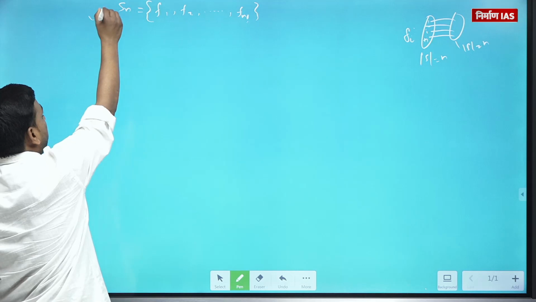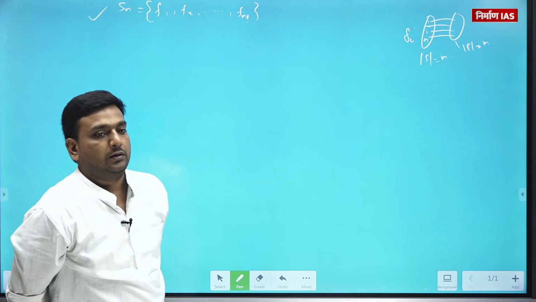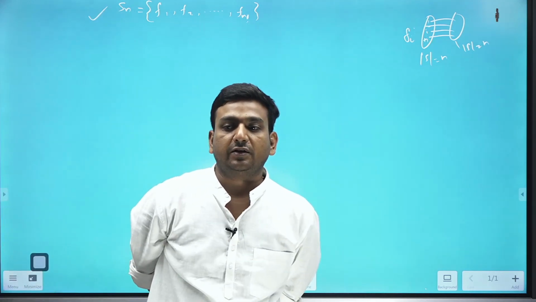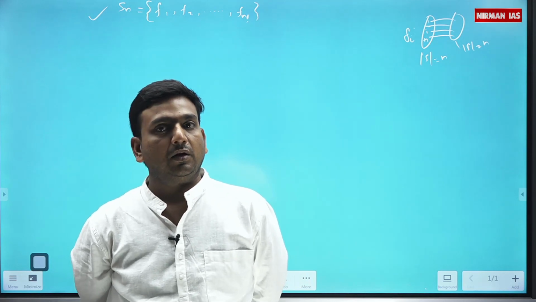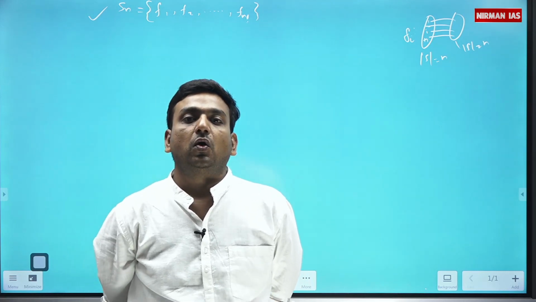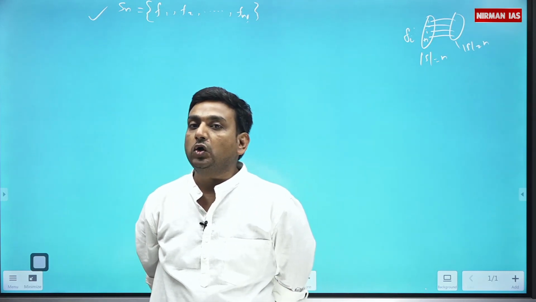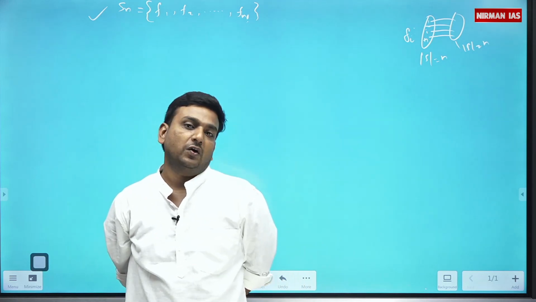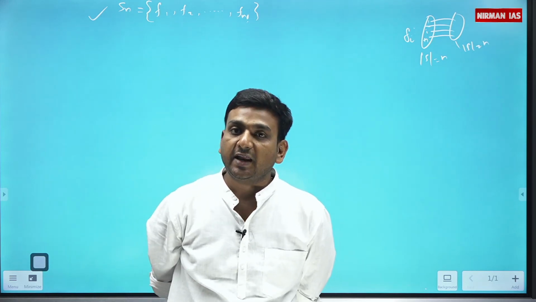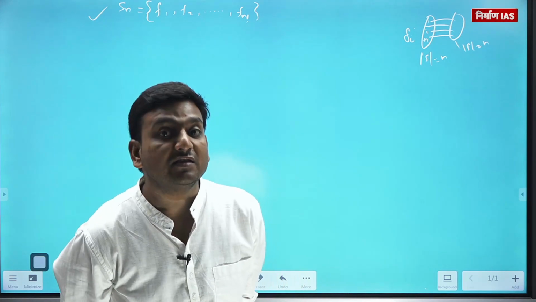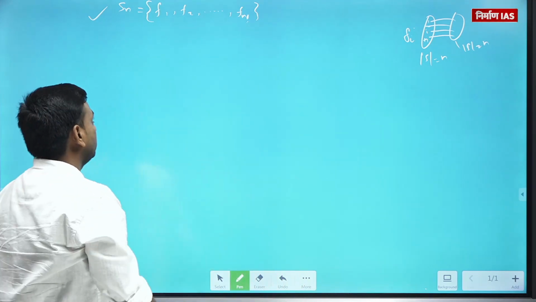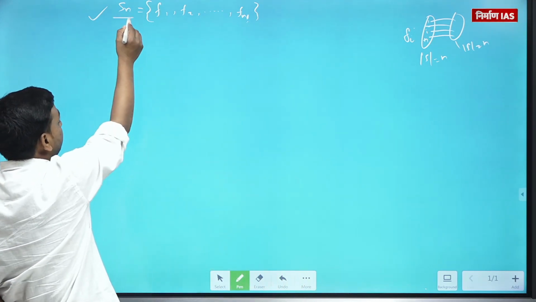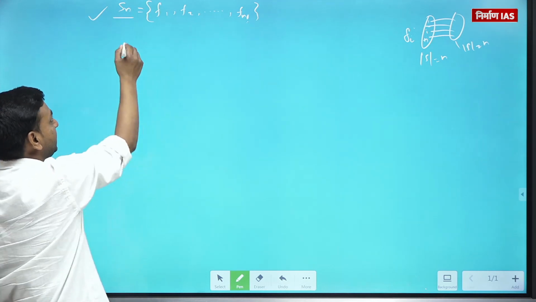So as I told you yesterday, a group of permutations is a collection of all one-one onto functions on a set with n elements or with n symbols. So when we talk about Sn, it is not independent.